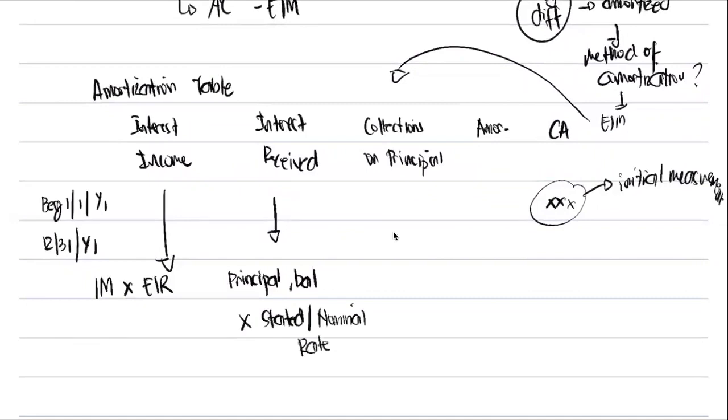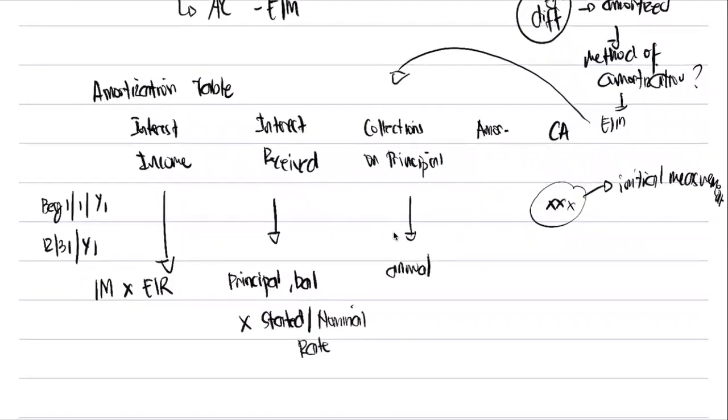And then collections on principals, these are your different annual repayments. This can be equal annual repayment, it can be equal or unequal.